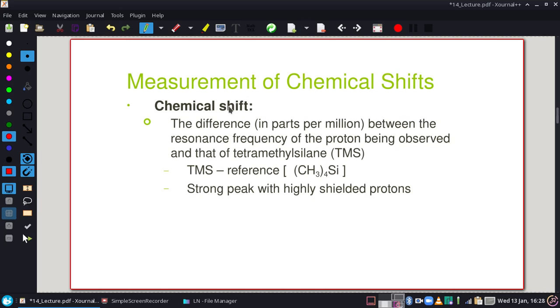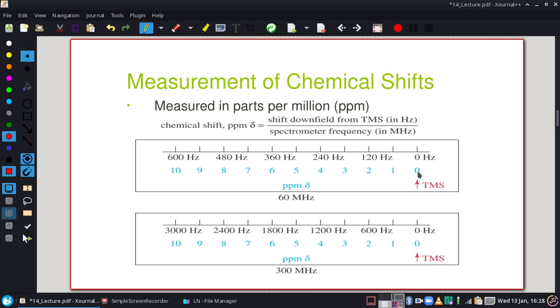And now chemical shifts are how far away from the TMS we are, measured in parts per million. What that does is something kind of cool. On a 60 megahertz magnet, the most shielded protons typically show up around 60, and the least shielded show up about 600 away from that.